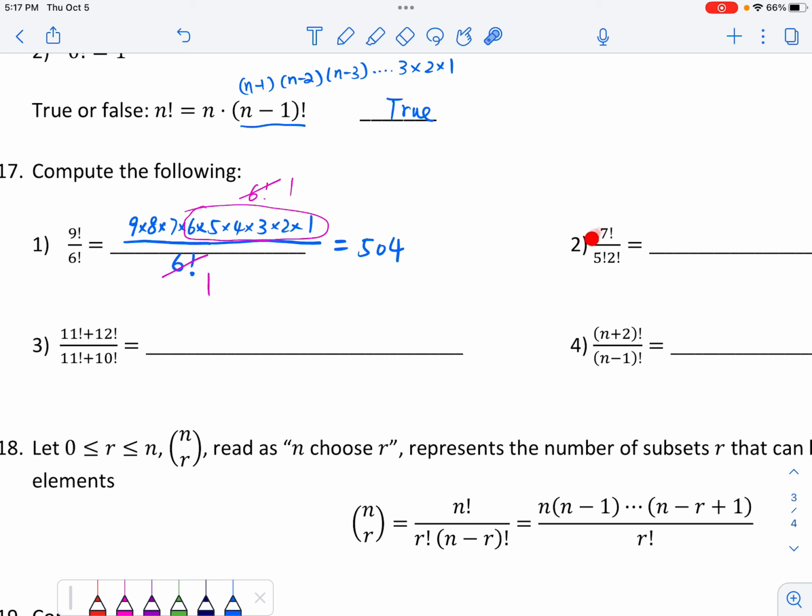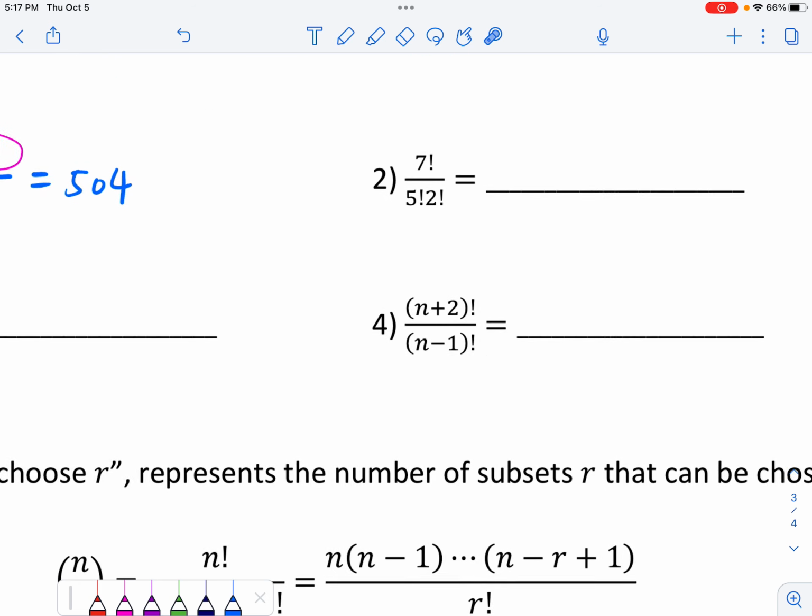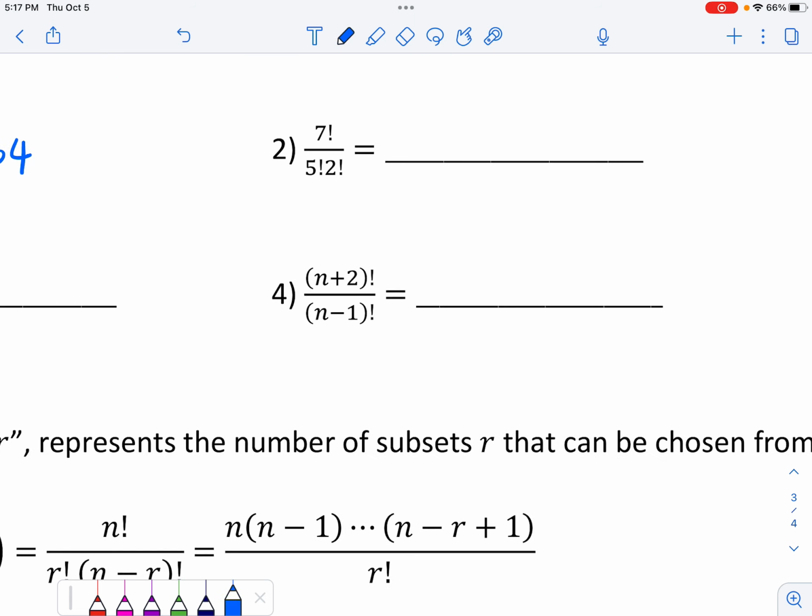All right, go back to the problem. Let's compute another one. To find 7 factorial over 5 factorial times 2 factorial, we have 7 factorial is 7 times 6 times 5 factorial. I do not bother to expand the 5 factorial, like 5 times 4 times 3 times 2 times 1, because I see another 5 factorial there.